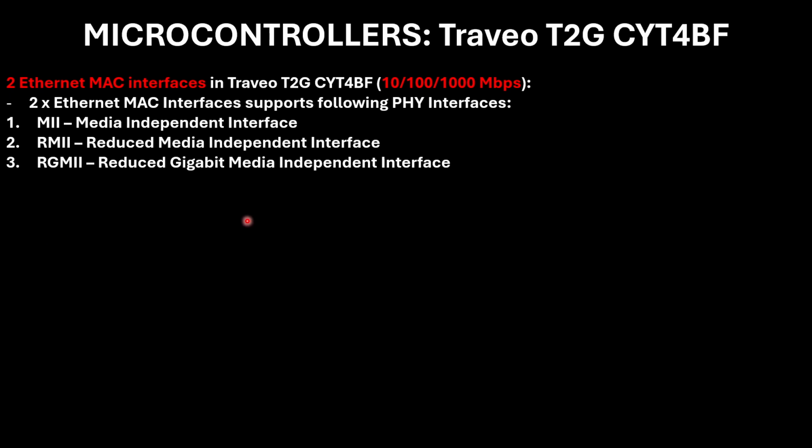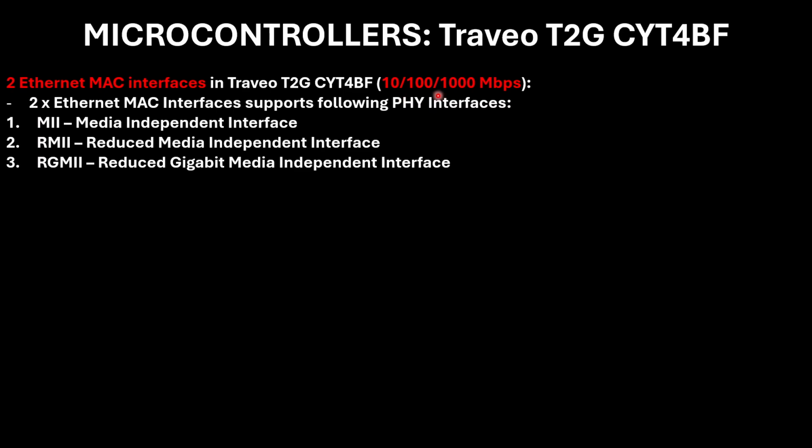As we know from other videos that we made, usually on the microcontroller there is an interface which we use for Ethernet communication, and there are two MAC interfaces that we can use for that purpose in the Traveo 2G.